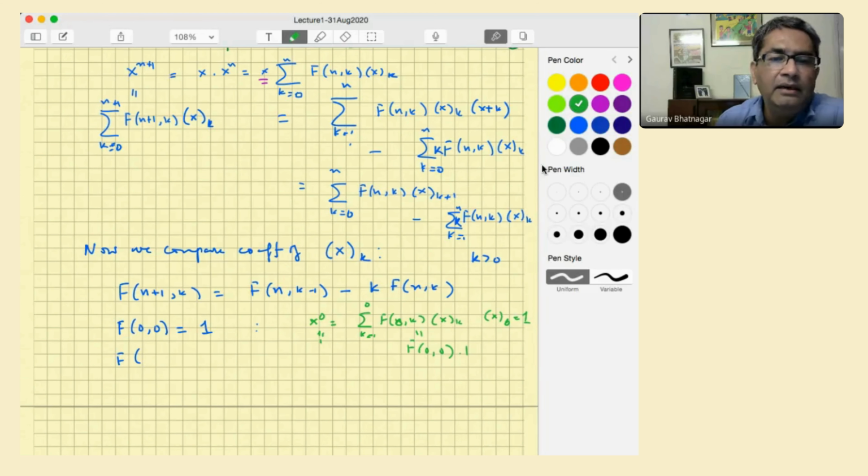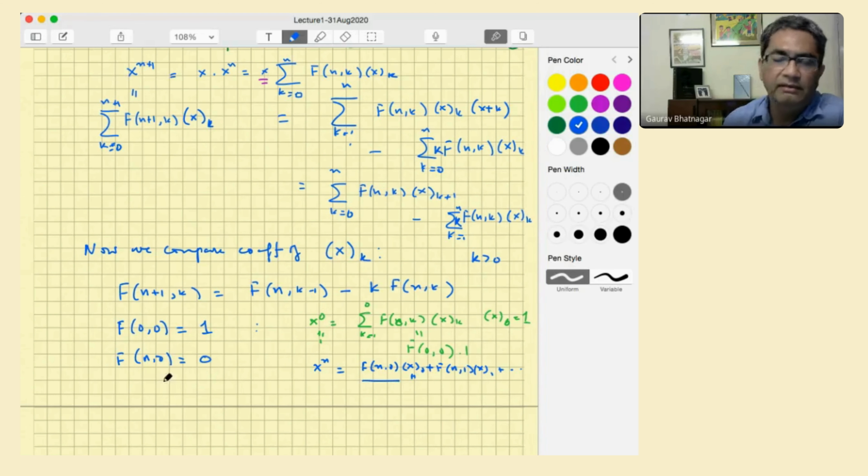We can get f_n0 for n bigger than 1. What do we get? So we have x to the n, and we want the first term. So this is equal to f_n0 x sub 0 plus f_n1 x sub 1, and so on. Now this is a constant. This is 1. So there's no constant term here. So it's bound to be equal to 0.